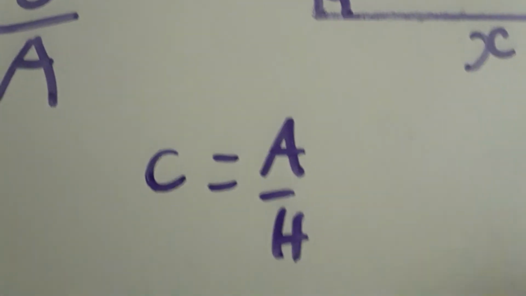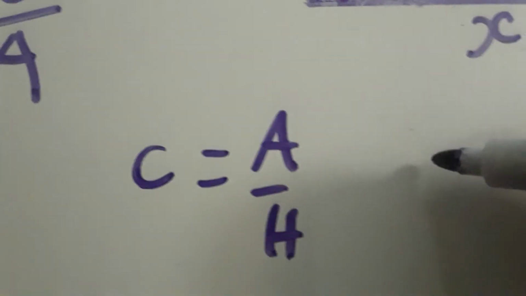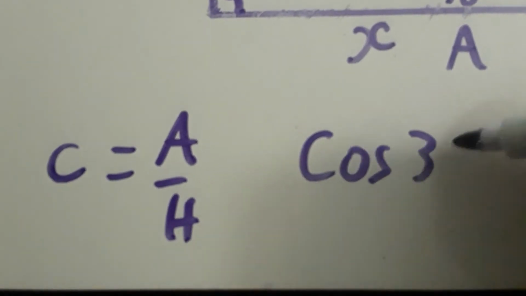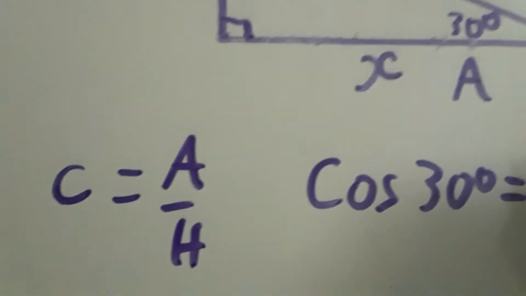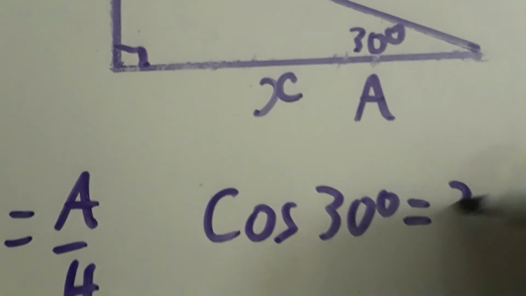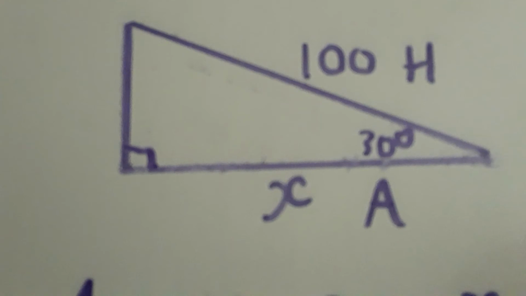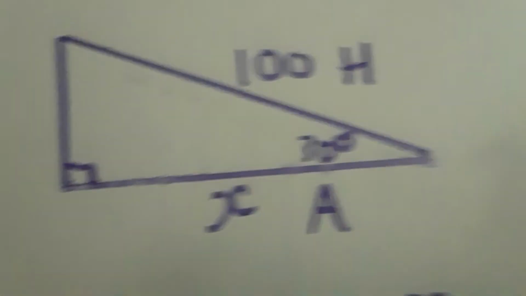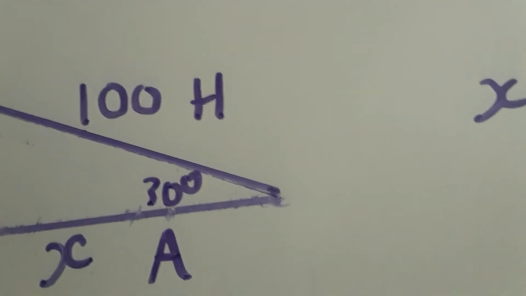But cosine is A over H. I'm going to write it's the cosine of 30. I know the A is the unknown, it's X, and I know that the H is going to be replaced by 100. So again, I'm going to use my calculator.